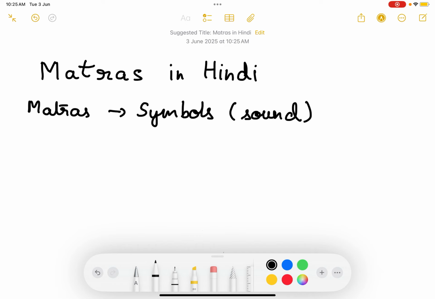In one of our last lessons, we learned about vowels, right?